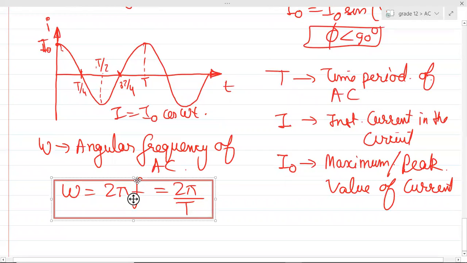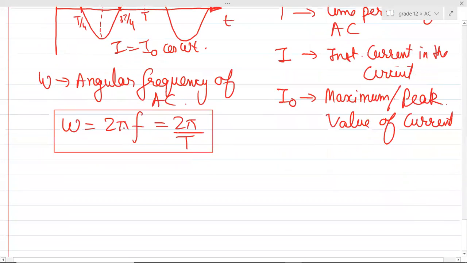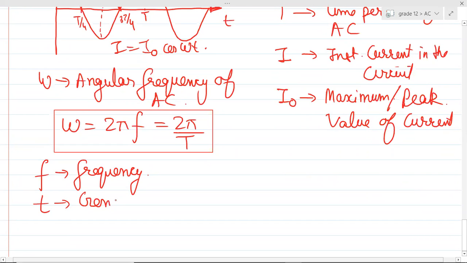I think everyone is already aware of this. Omega is this, f is basically the frequency. What is small t? Small t is basically the general time instant.